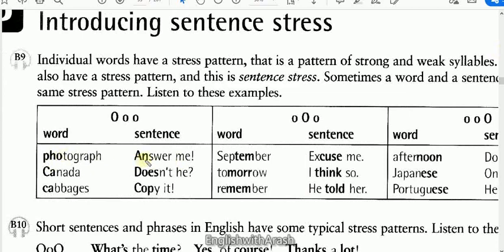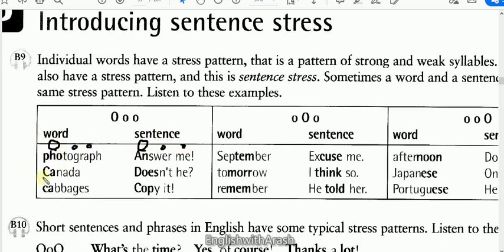Photograph, answer me. If you see here, you have three syllables. Photograph. And here it's the same. Answer me. So this word stress is the same as this sentence stress. That's what we're talking about.